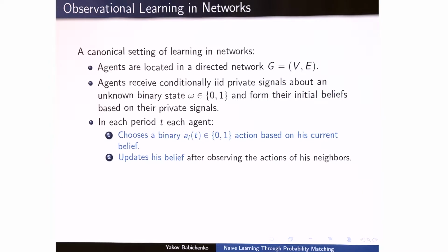In each period, an agent should choose a binary action, which you may think of, if we are talking about some product and we don't know if it's good or bad, as whether to adopt this product or not, or, if we think of guessing what the state is, to guess that the state is 0 or to guess that the state is 1. So every player chooses a binary action based on his current belief, and updates his belief after he observes the actions of his neighbors.